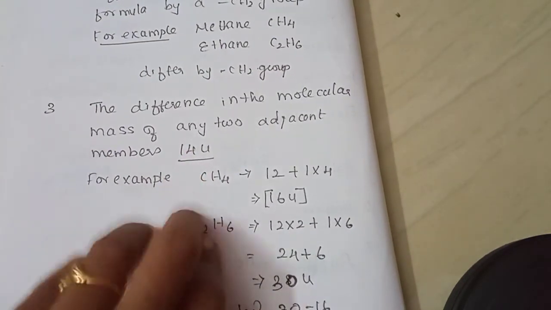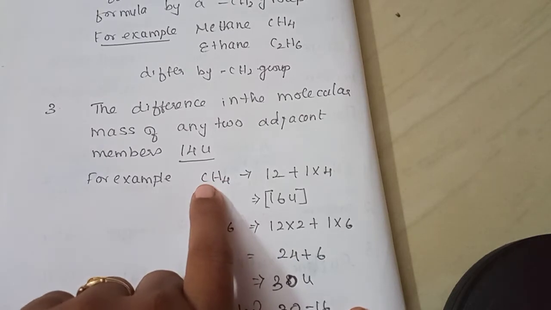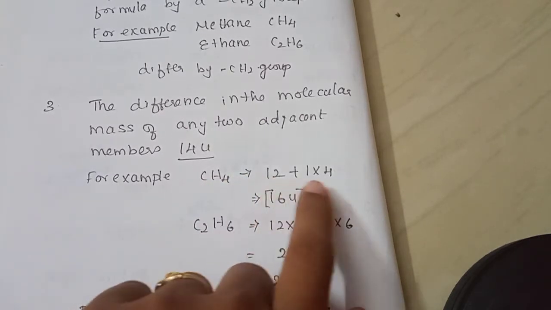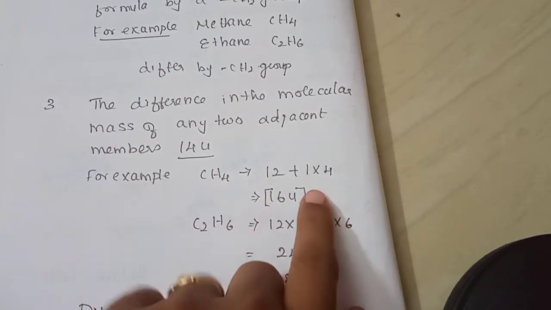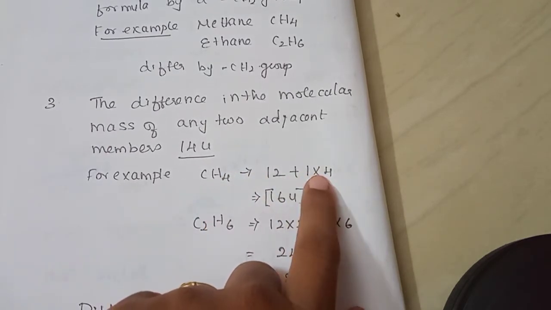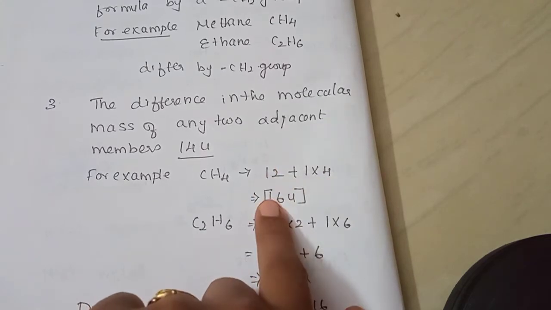How can you identify this? For carbon the mass is 12 and for hydrogen the mass is 1. Methane has 4 hydrogens, so 1 into 4 is 4, and 12 plus 4 is 16.